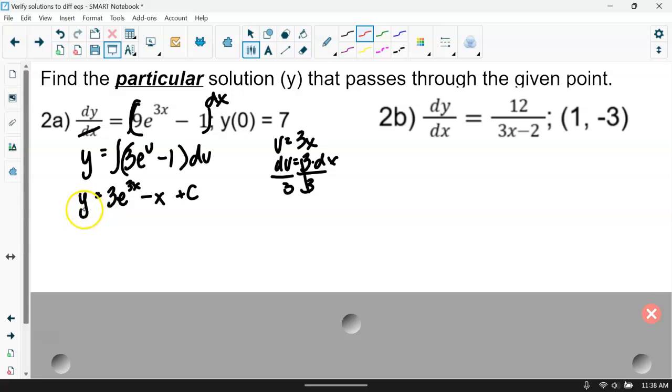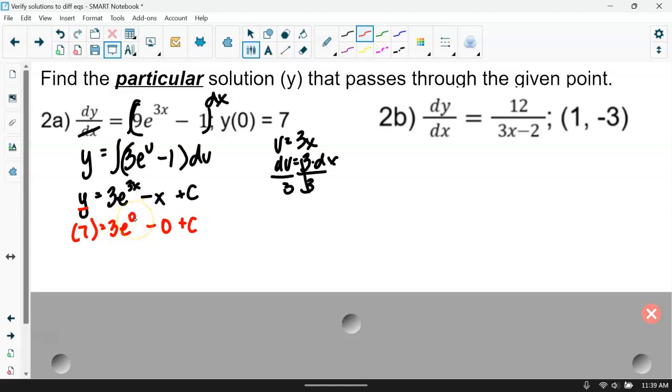So here we go. We're going to now substitute y with 7, which is equal to, x is 0. So 3 times e to the 3 times 0 power minus 0 plus c. Now notice this is just 3 times e to the 0 power, right?